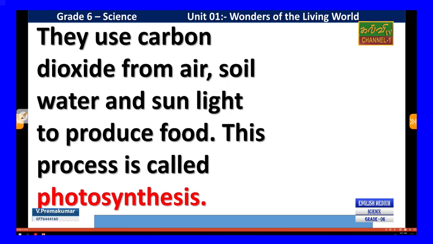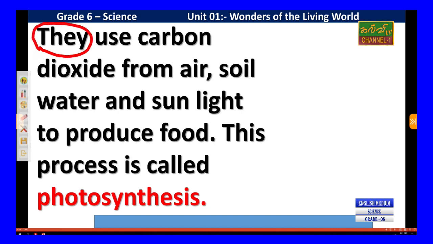Here is another question you can understand. What is photosynthesis? They use carbon dioxide. What is "they" here? Green plant. They mention green plant.